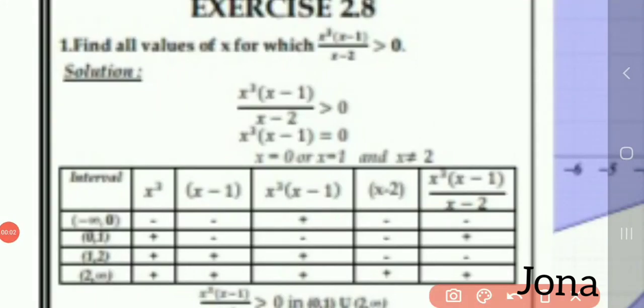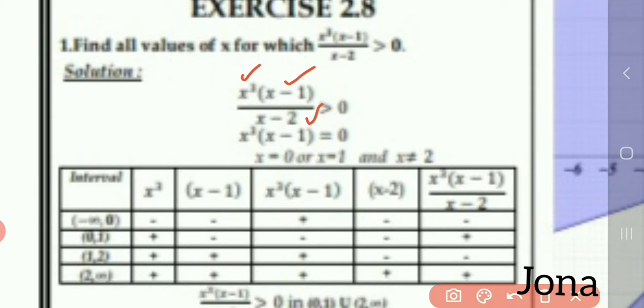Exercise 2.8. Find all values of x for which x cubed times (x minus 1) divided by (x minus 2) is greater than 0. Here I want to take each and every factor, that means x cubed, x minus 1, x minus 2, and equate each to 0 so that I can get the value of x.